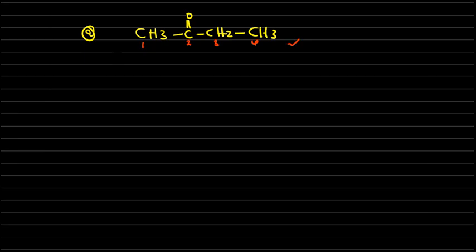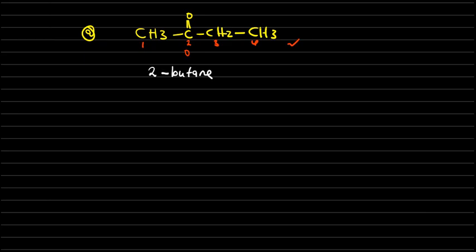Now how do we name this? There are two ways of naming, the new and the old IUPAC nomenclature. You can use either; no one can hinder you from doing what you want. First, you indicate at which position the carbonyl group is located. It is located at 2, so I say 2. We separate a number with a dash, then how many carbons in total in the chain: but.